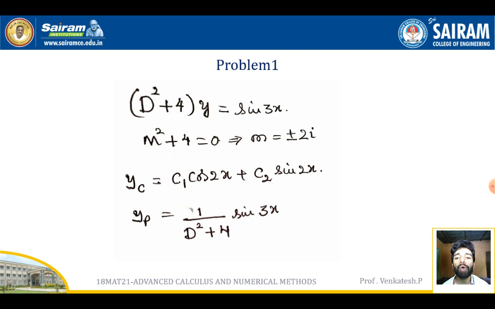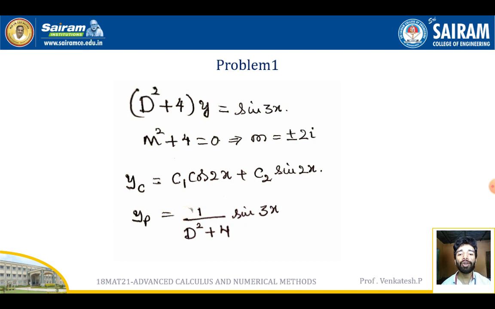Now we will see how to find yp. yp is given by the given trigonometric function divided by the operator expression. In the problem the operator expression is d square plus 4. So the expression is now sin 3x by d square plus 4. As we know, in type 2 we replace all the d square terms by minus a square.